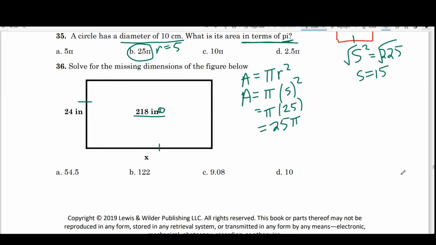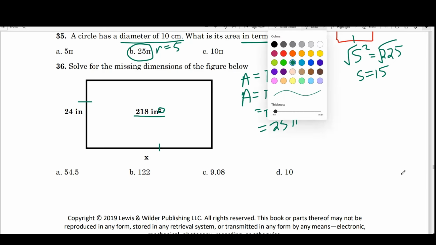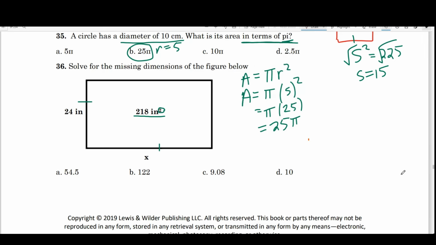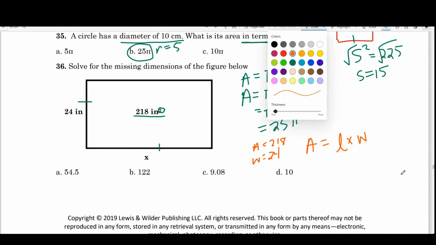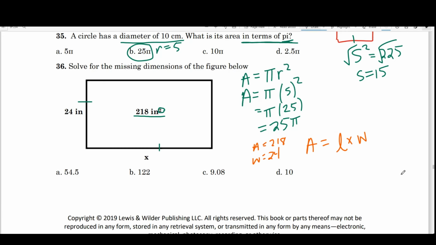I know that the area of a rectangle is length times width. They gave us the area, which was 218, and they gave us the width, which is 24. Just going to plug in what we have: 218 equals L times 24.